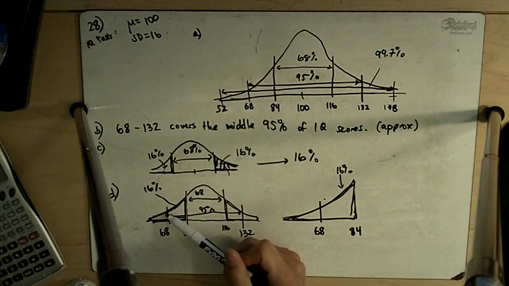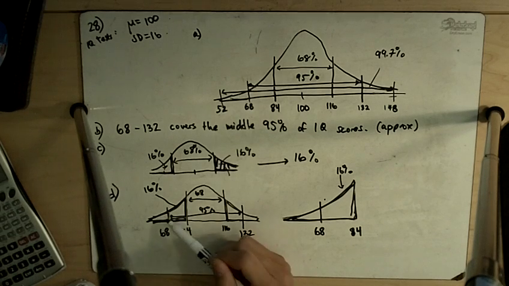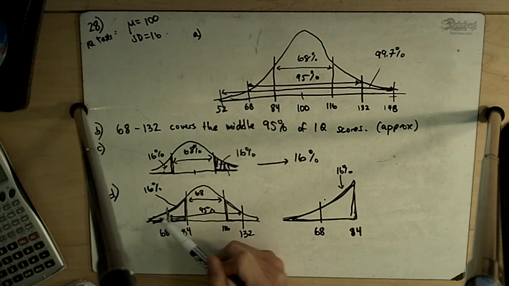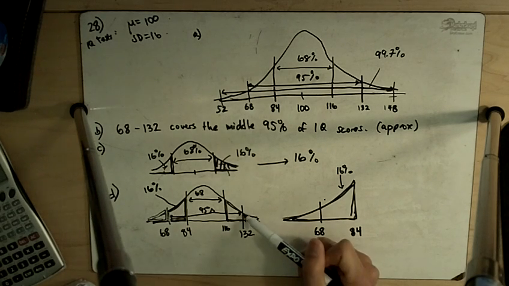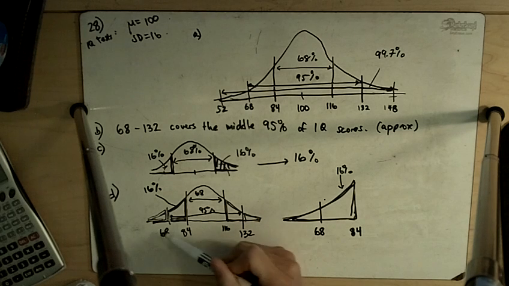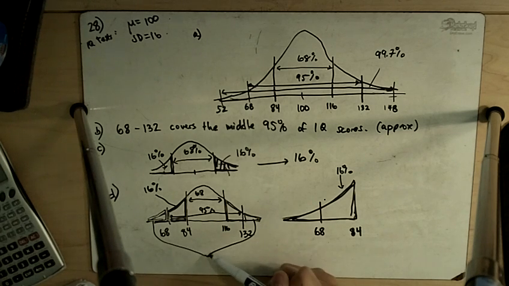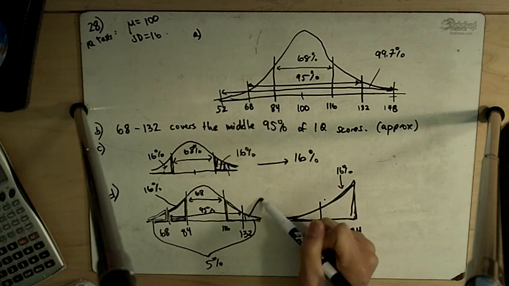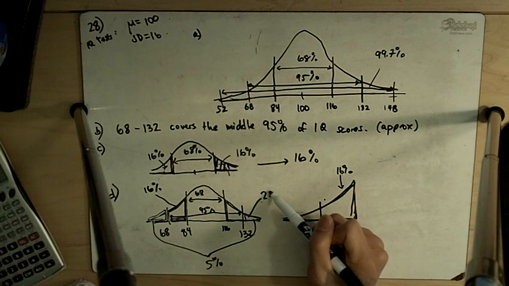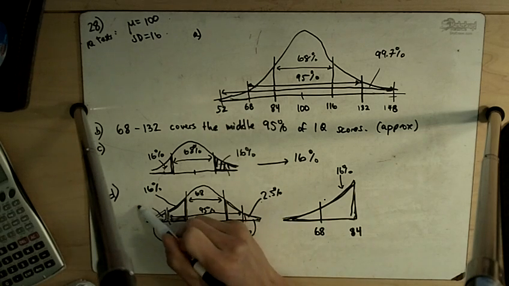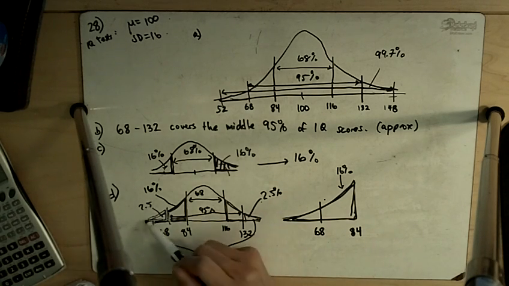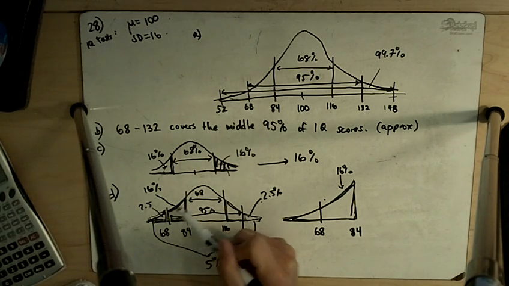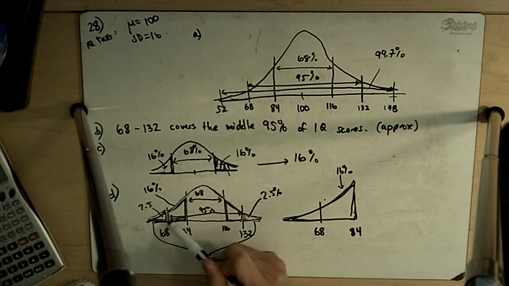Now we have the middle 95%, which means if we got 95% in the middle, then this little triangle on this end and this little triangle on this end, those two pieces add up to 5%. And because it's perfectly symmetric, half of it, 2.5%, is on this side, and 2.5% is on this side. So we've got 2.5% in this little triangle, 2.5% in this little triangle, and 95% in the middle area here.